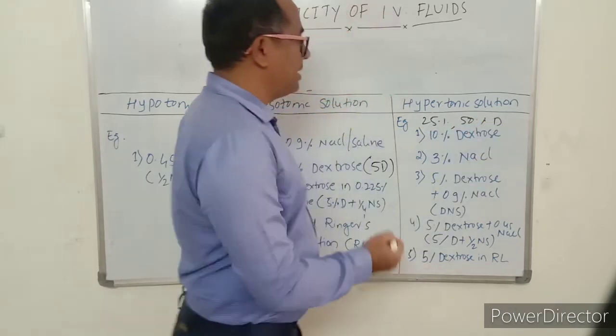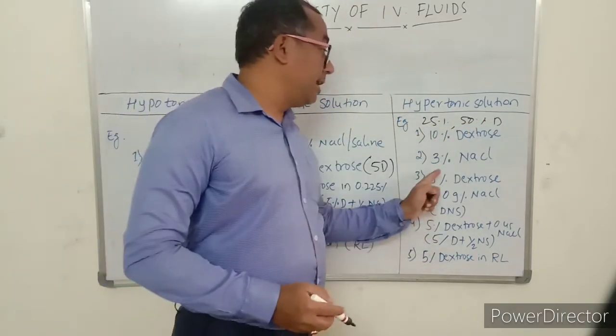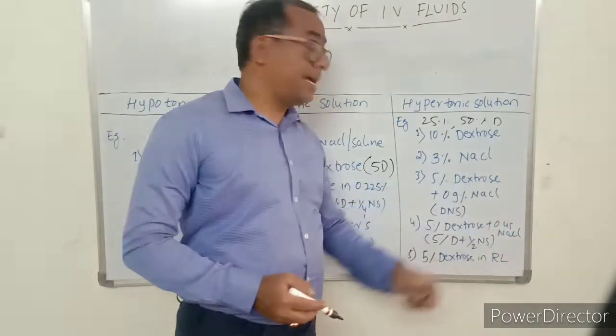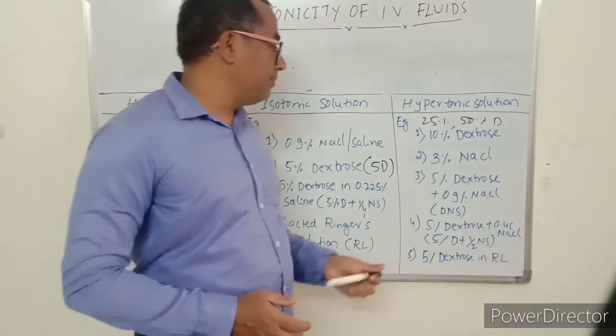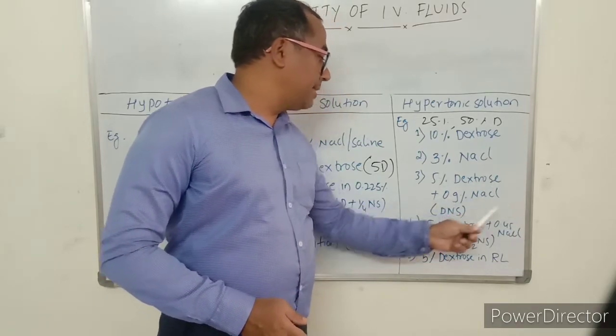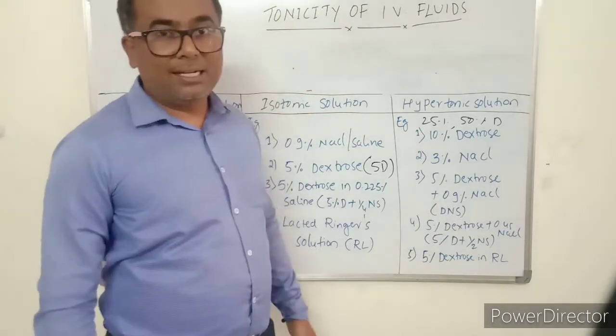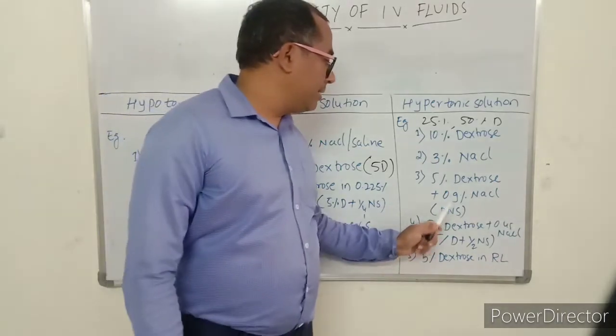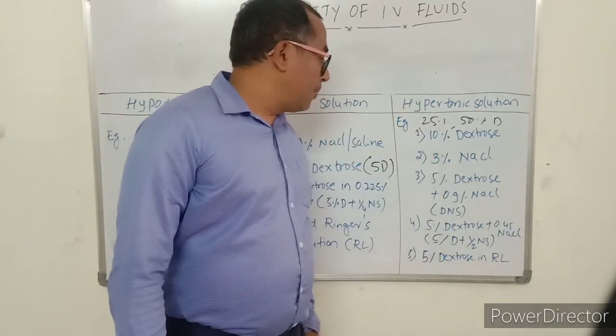All these are examples of hypertonic solution. Also 3% NaCl, 3% saline, and 5% dextrose plus 0.9% NaCl, known as DNS, dextrose normal saline.